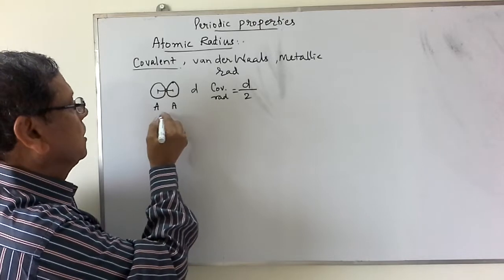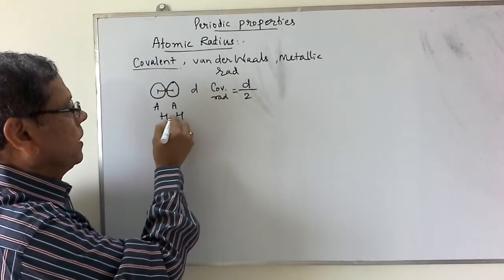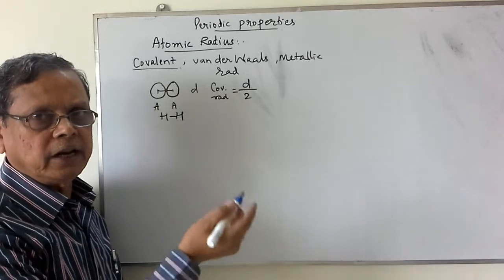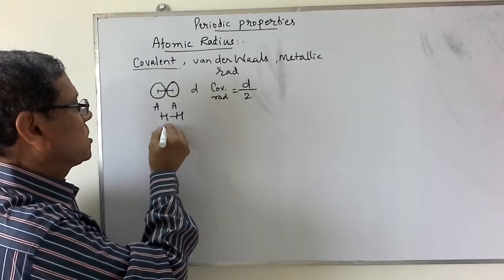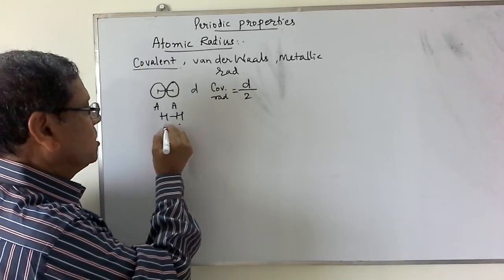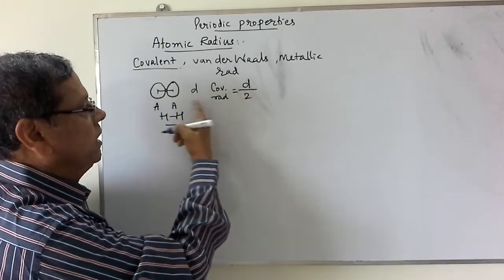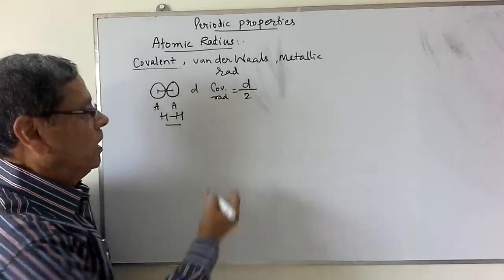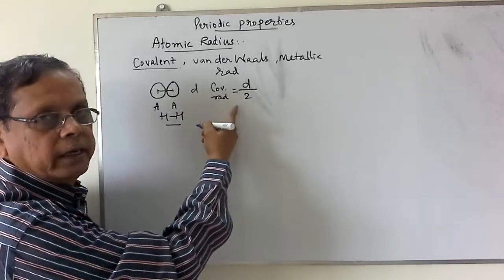Suppose you consider this hydrogen molecule. The two hydrogen atoms are bound by a covalent bond by the sharing of electrons. Then you take the distance between the two nuclei of these two hydrogen atoms. If you take this distance as d, that is actually the internuclear distance. Then half of that will give rise to the covalent radius.